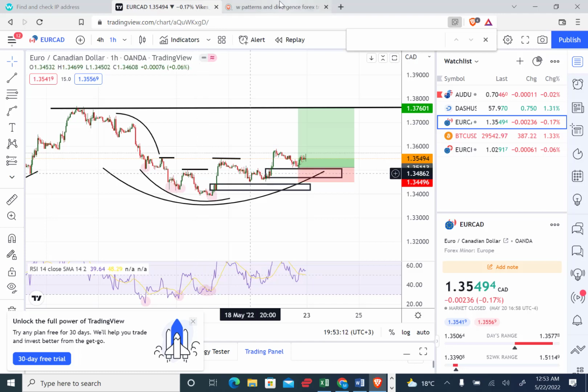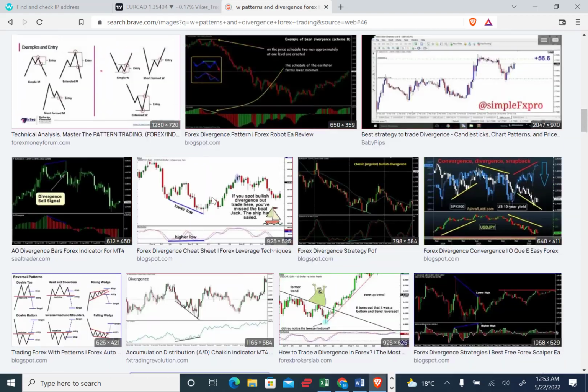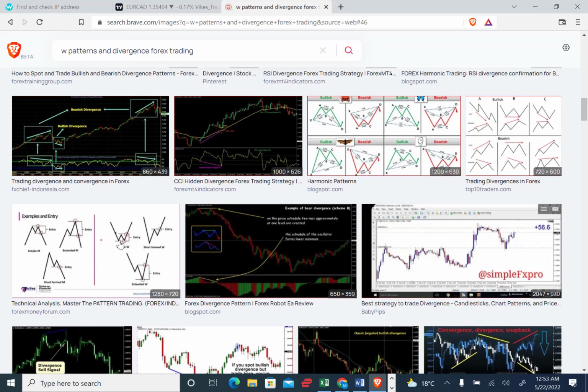Then the second scenario you can trade a W pattern is after it's complete. Let me show you an example. Look at this now. The example I was showing you, assume the price came all the way here, then it went here, then it went here. The scenario that I'm showing you, the price is at around this place.